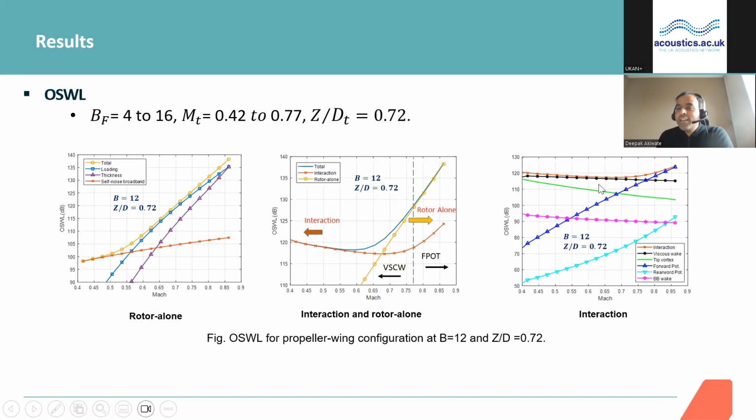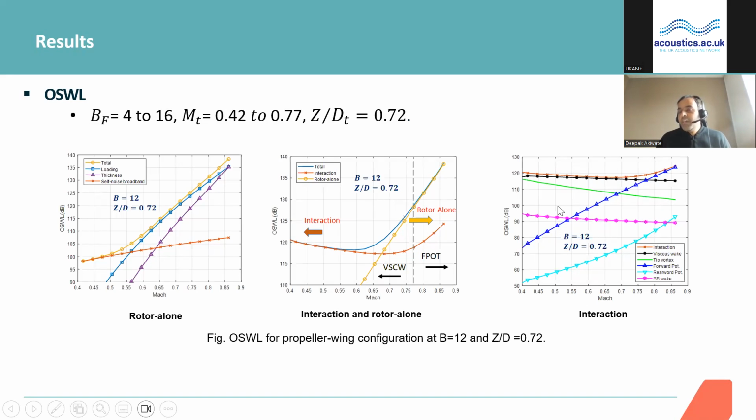But the tonal wake interaction noise source is more than 10 dB higher than that. So the broadband is sitting well below our tonal wake interaction noise source. So we are just looking at the tonal wake interaction noise source and the rotor noise source. That's the balance between these two for this separation distance.